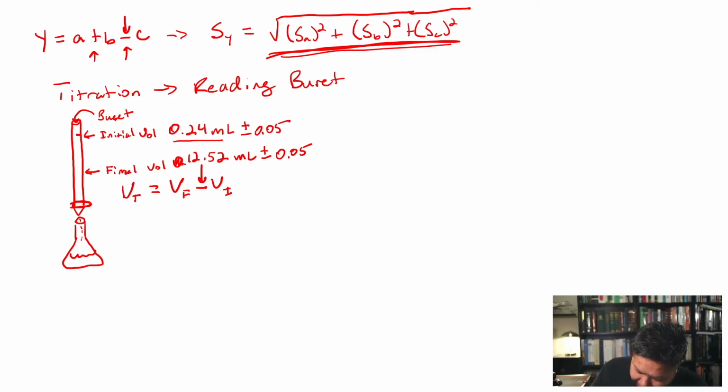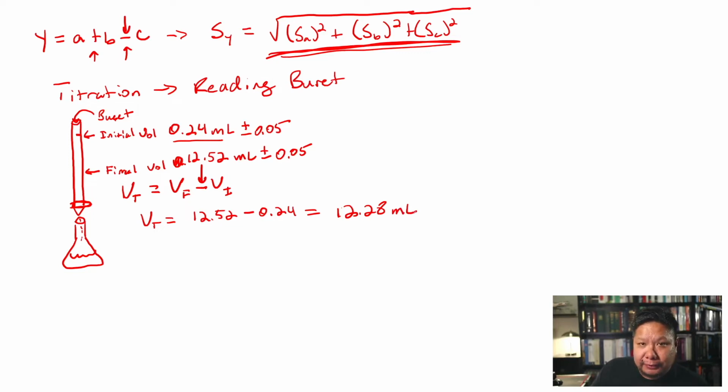And so to find our total volume, VT equals the final, which is 12.52, minus 0.24, which equals, if we just do that very simple math, 12.28 mils.